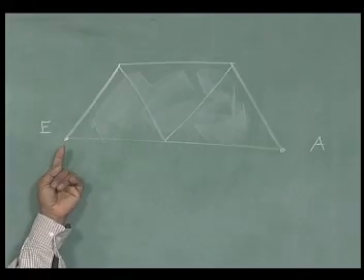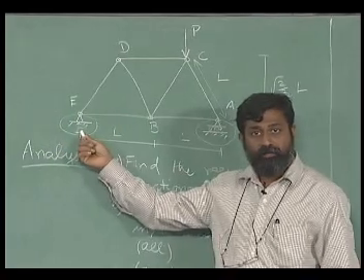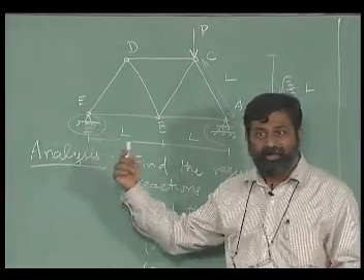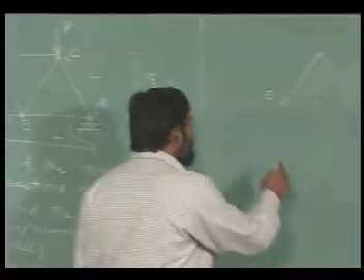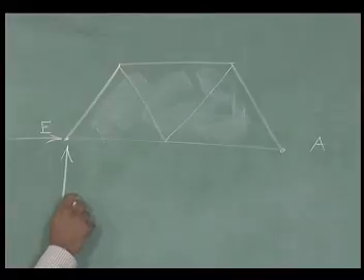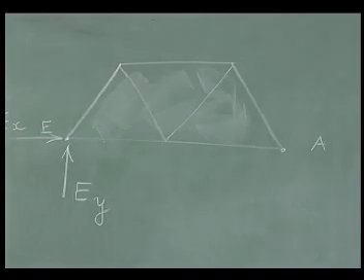At point or joint E, if you notice carefully, this is a pin joint or hinged support, which will introduce two reactions, E along the y direction and E along the x direction, alright.